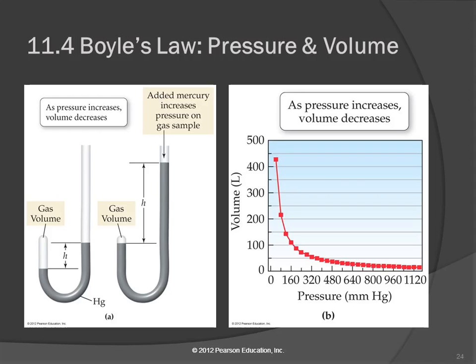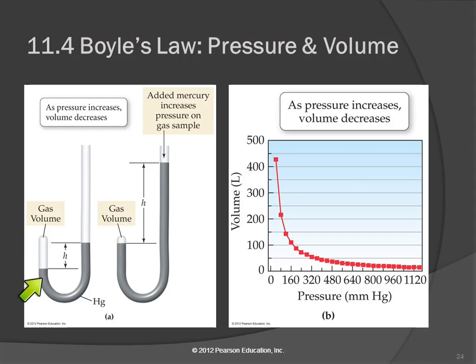This illustration here is similar to some of the experiments that he did. He's got a glass tube. It's called a J tube because it's shaped like a J. It's closed at this end, so there's a gas sample in here, and then there's some mercury in the tube.